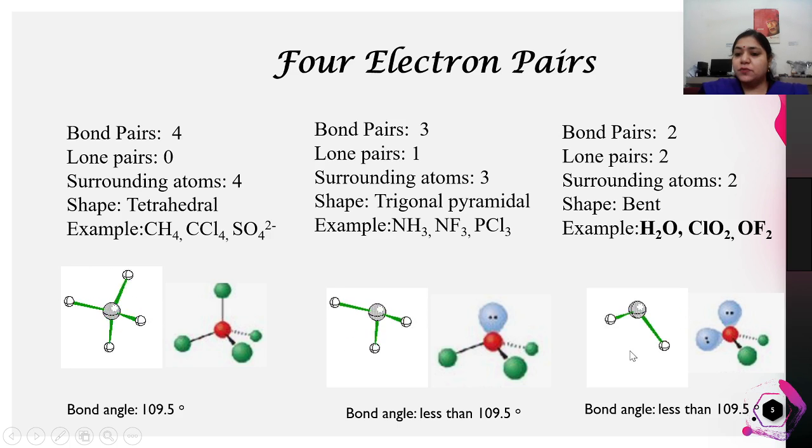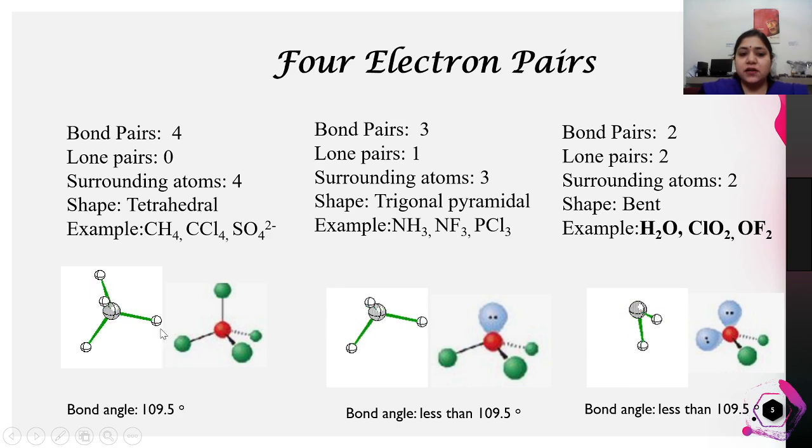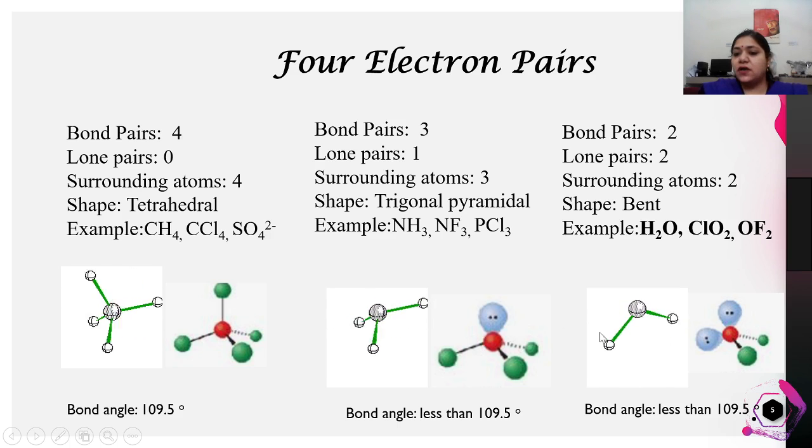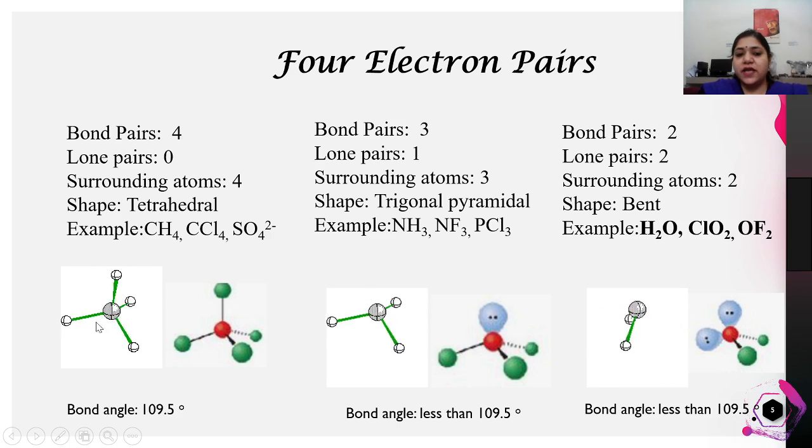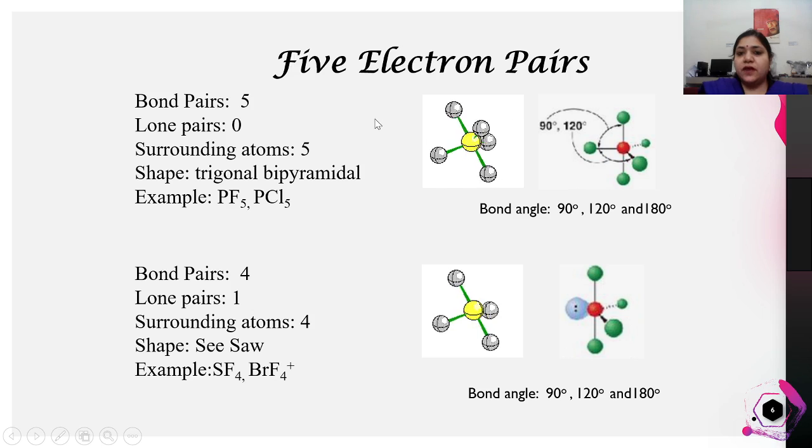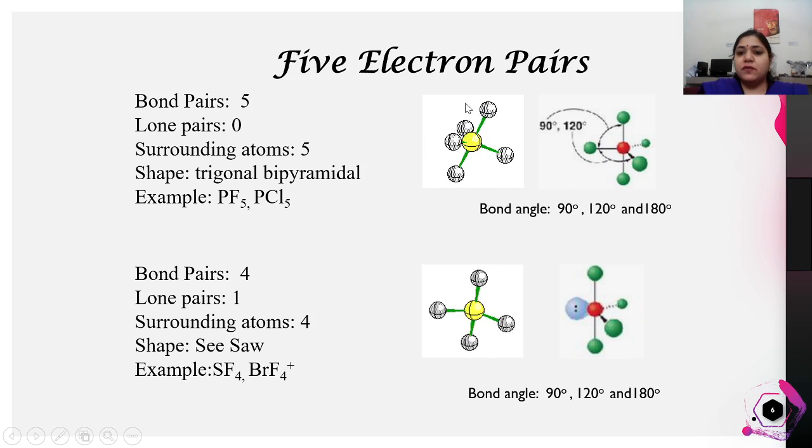So it depends upon the original geometry from which it originated, or this is the irregular form of this tetrahedral geometry.